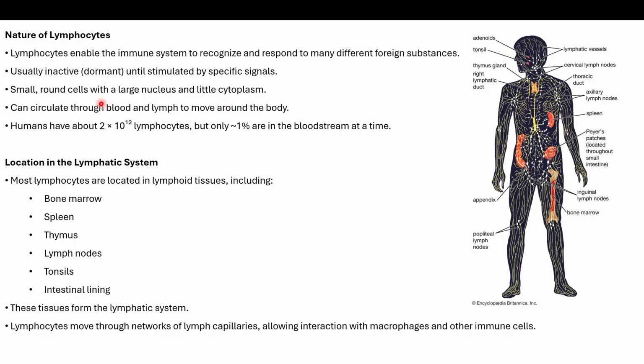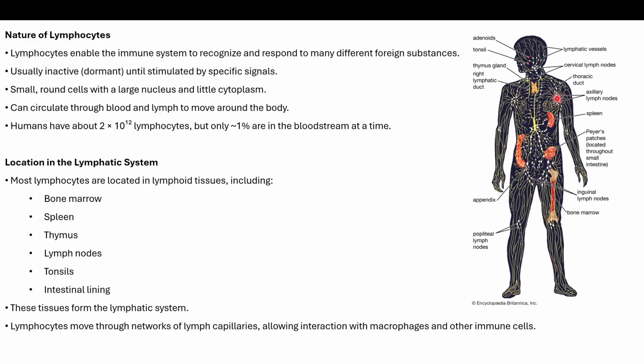They can keep circulating through the blood and move around the body, and the different types of lymphocytes can also circulate throughout the body via the lymphatic system.